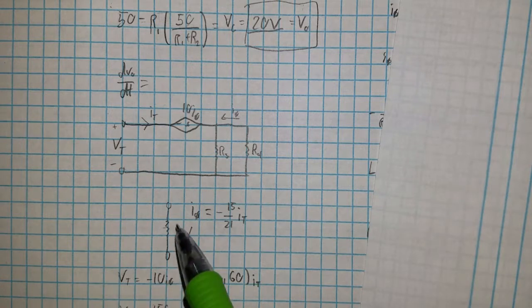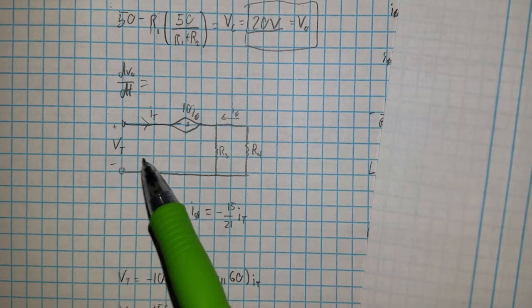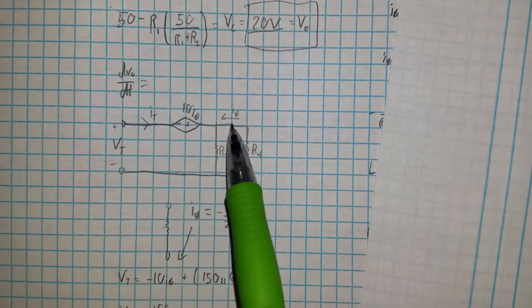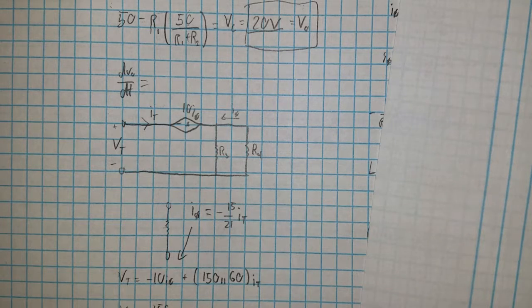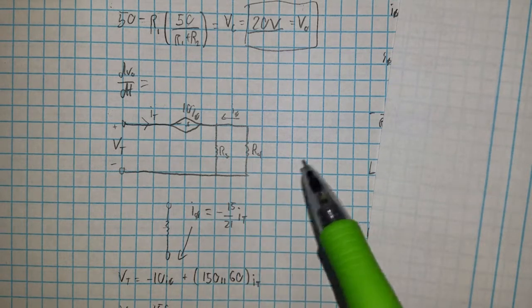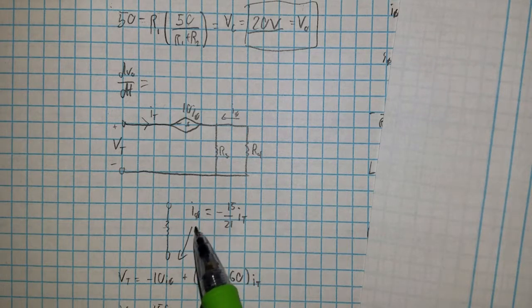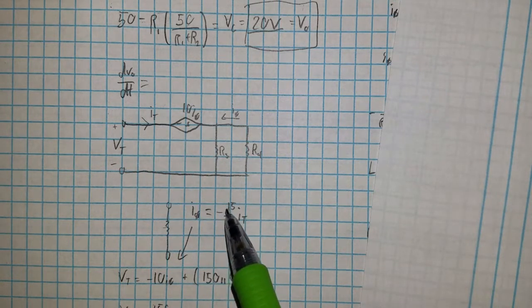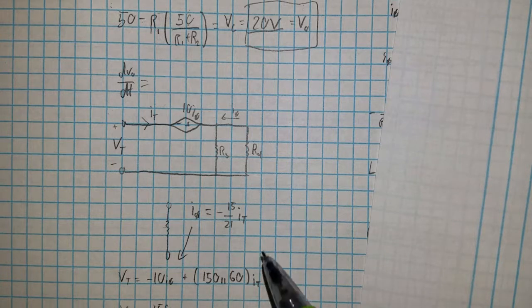So we have our Thevenin equivalent voltage and current. It would be helpful to get these two in terms of each other, and that is just a simple current divider. So I phi is equal to minus, opposite directions, 150 divided by 150 plus 60, which simplifies to negative 15 over 21 times IT.